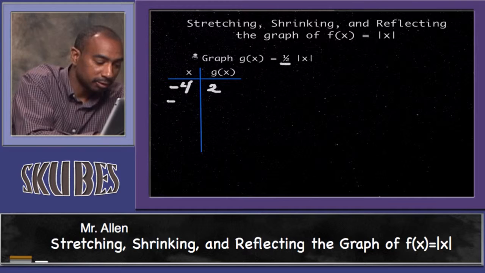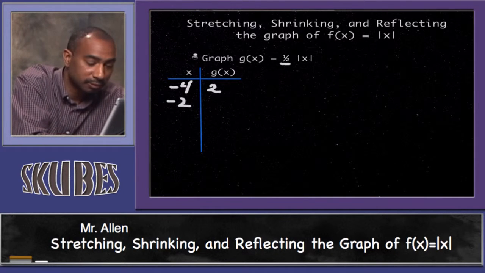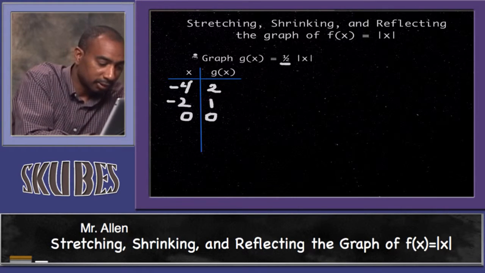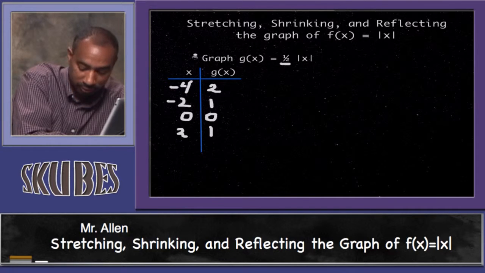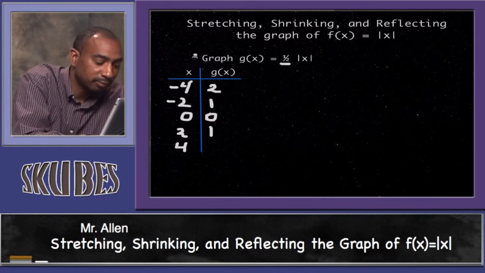If I pick negative 2, the absolute value is positive 2, but half of 2 is 1. And of course, 0 is going to be 0. And then it reflects. If I have 2, the absolute value of 2 is still 2, and half of that is 1. Likewise with 4, the absolute value of 4 is 4, and half of 4 is 2.